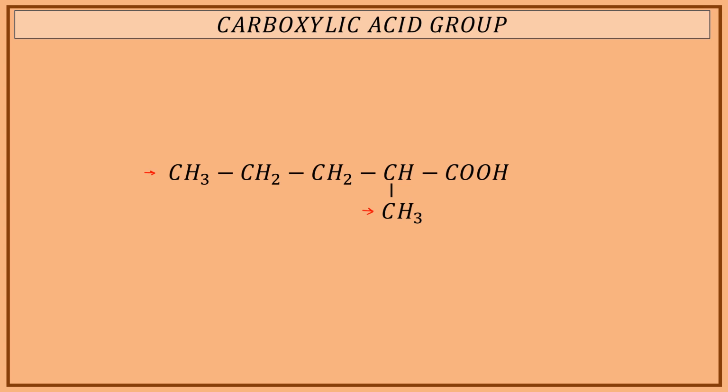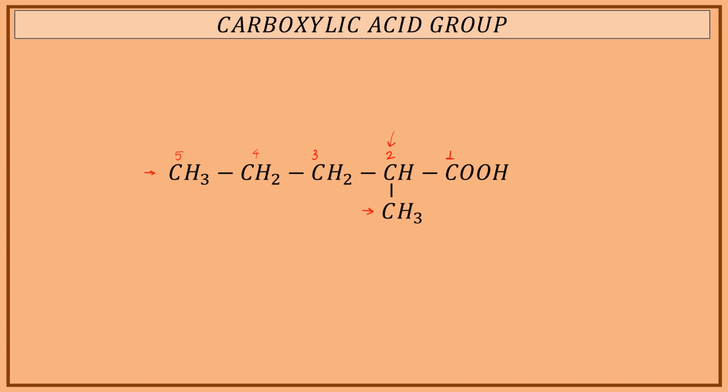So, in case of carboxylic acid, the positioning always begins from the carbon atom of the functional group. So, we will mark this carbon atom as 1 and then number the total carbon atoms present in the parent chain. We will get to know that the position of this methyl group is second.